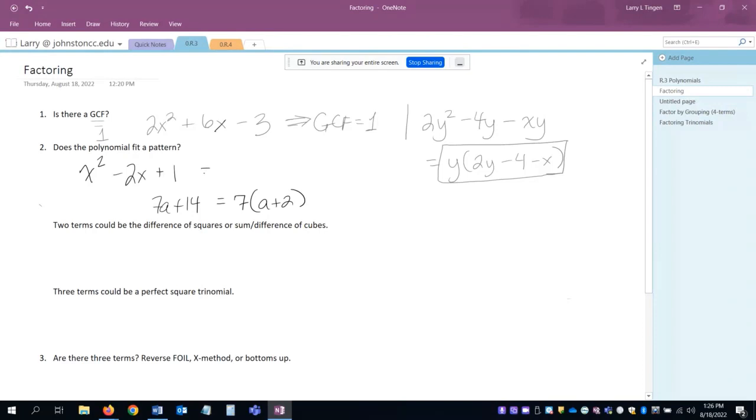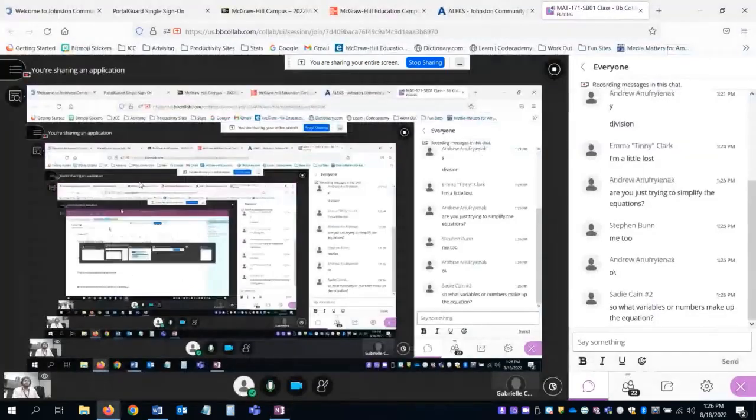This trinomial follows a pattern: it is a perfect square trinomial. These are the two numbers that multiply to +1 but add to -2. Those are -1 and -1. So this is x minus 1 squared. That's the factored form of this trinomial.